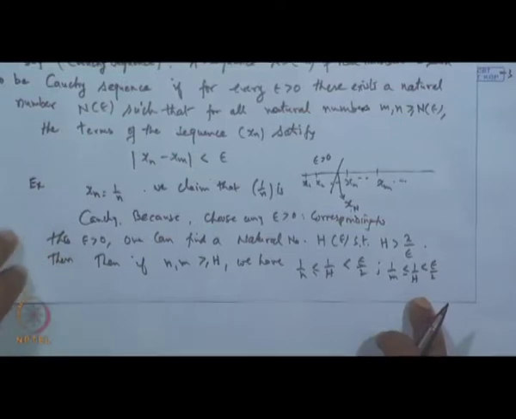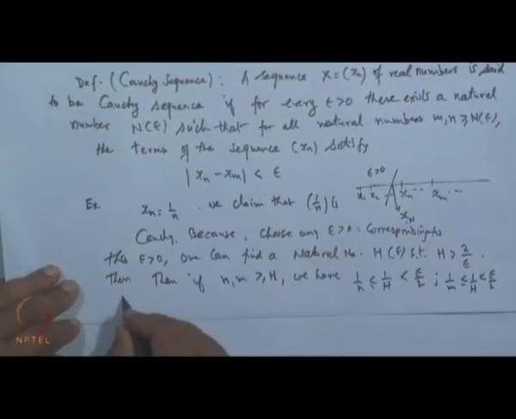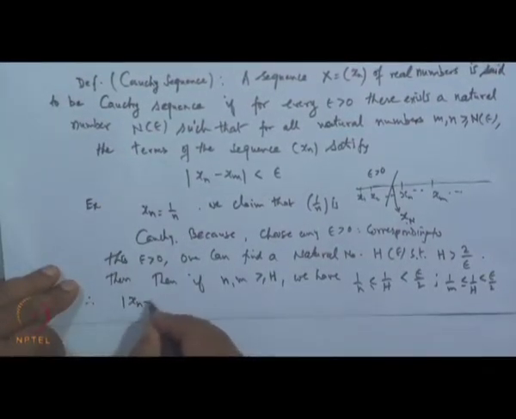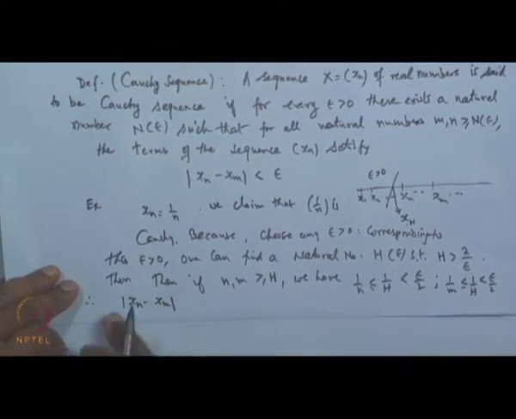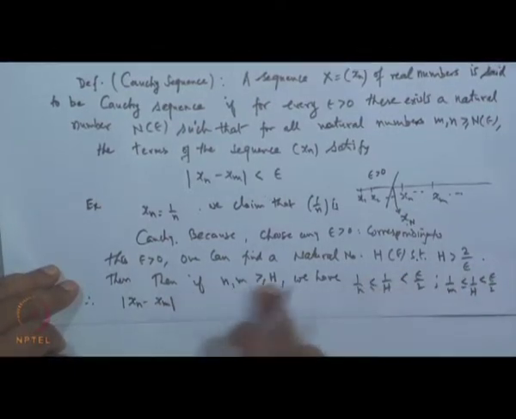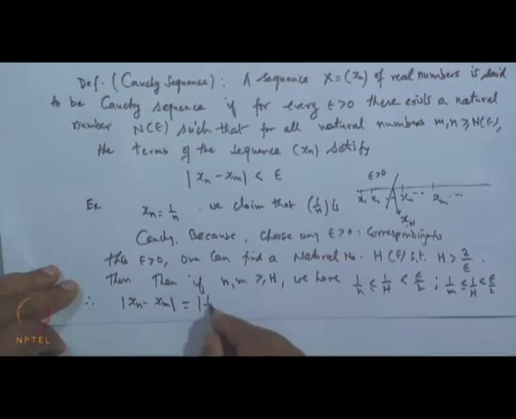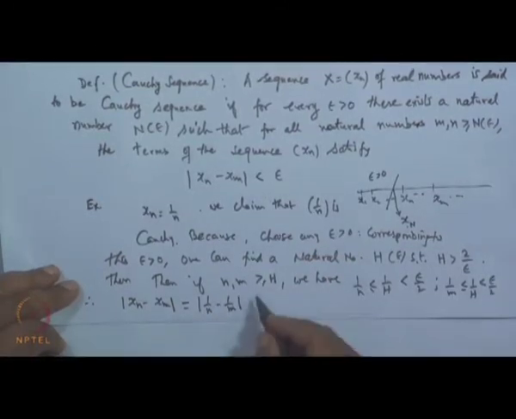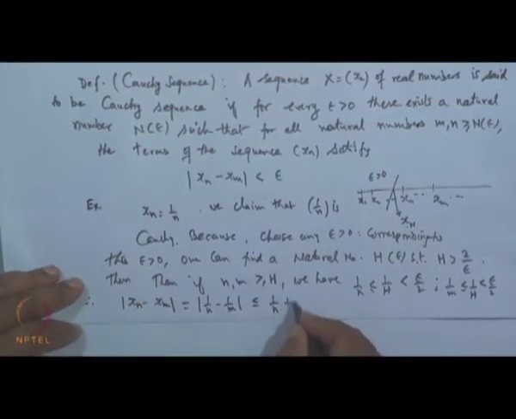Therefore, when we take the difference, mod of x n minus x m when n and m are greater than h, this is nothing but 1 by n minus 1 by m, and by triangular inequality it is less than or equal to 1 by n plus 1 by m, but 1 by n is less than epsilon by 2 and 1 by m is also less than epsilon by 2.